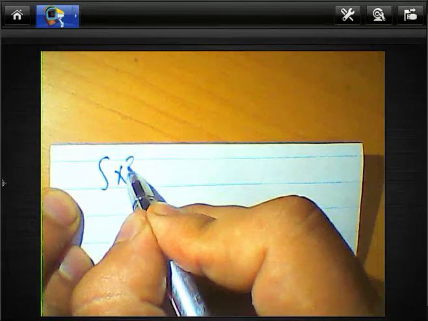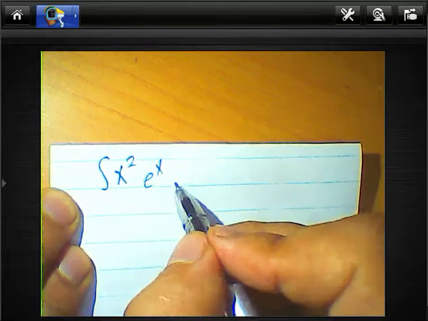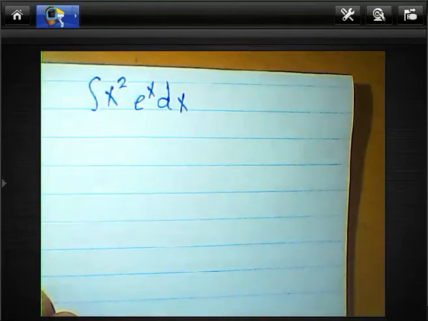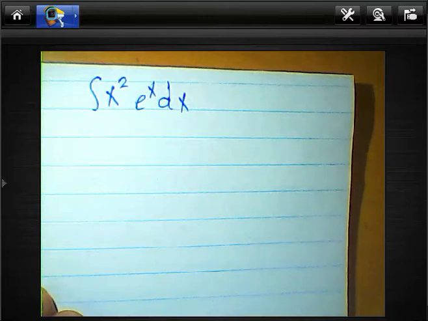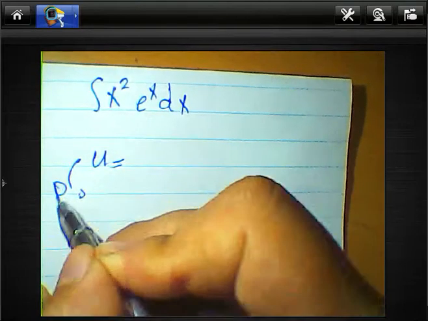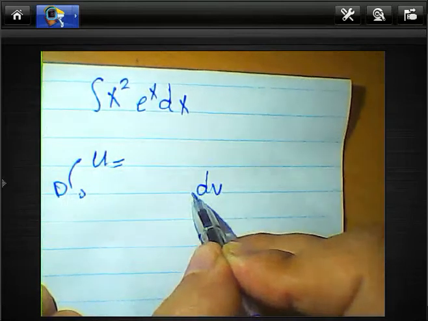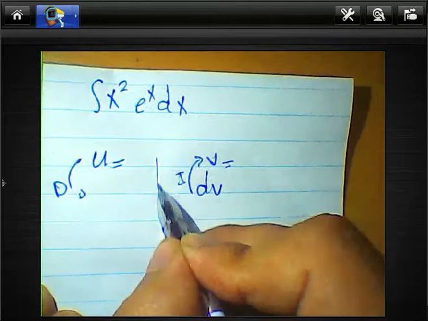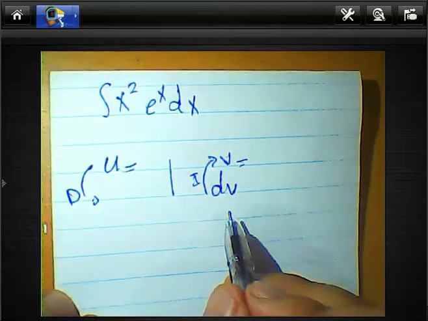Another example: we want to find the integration of x power 2 e power x dx. Who can solve it? First, we must choose u and dv, define the derivative of u, and for dv find v by integration. We use this method.